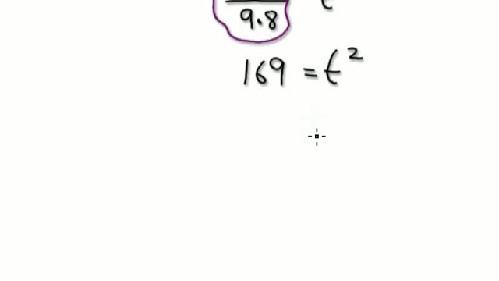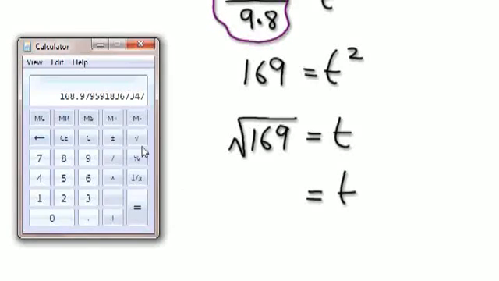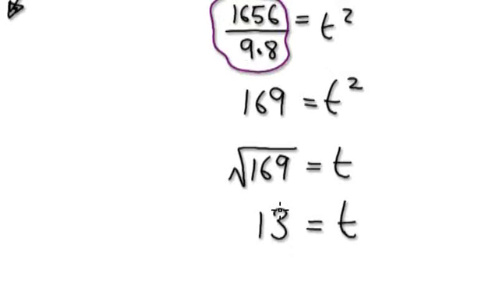Inside your mind, square root both sides. So the right hand side will be T, and T equals the square root of 169. Let's get a calculator and work this out. It will be roughly 13. So T equals 13.